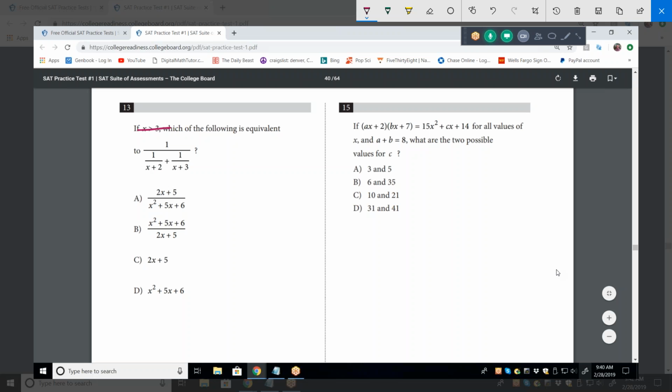I've got to find a common denominator, and I'm going to add those 2 fractions. What's the common denominator going to be? The only way to add fractions is if they have a common denominator.